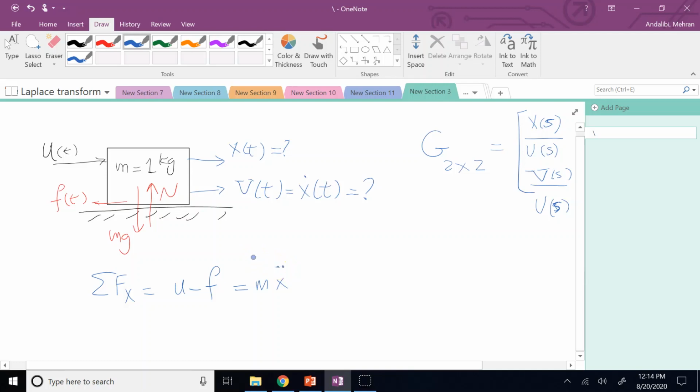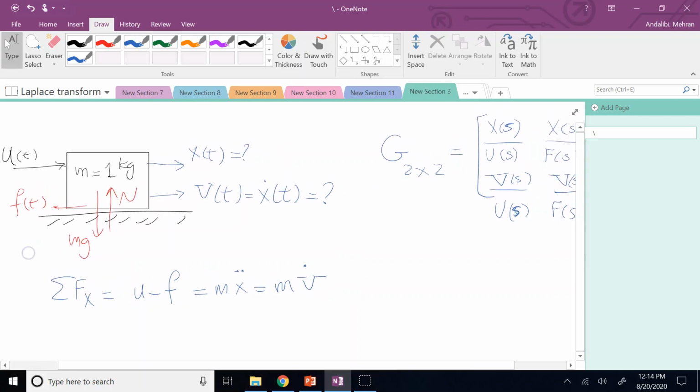That is the governing equation between u and f, and it also equals m v dot, because the first time derivative of velocity is acceleration. So I can use any of these to find my transfer functions.